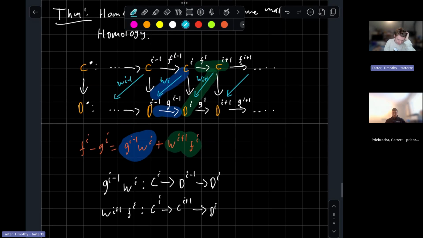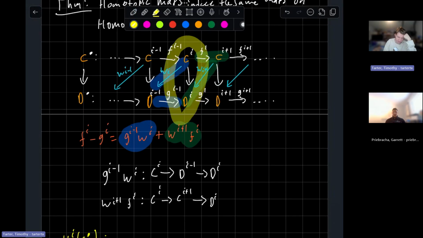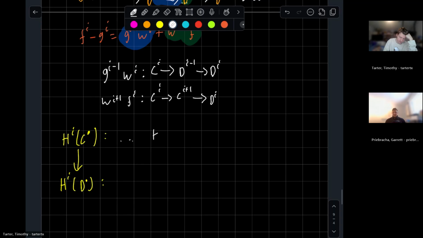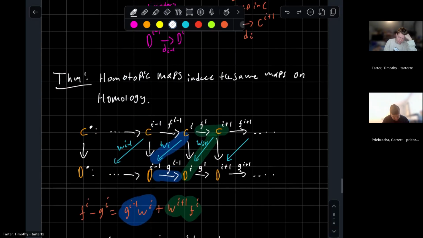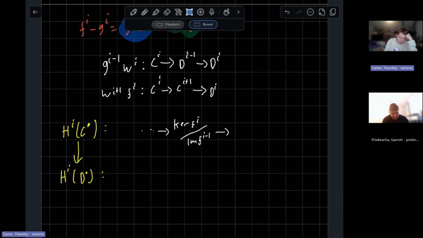So now we want to say that they induce the same map on homology. So we know we have a covariant functor into the subcategory. So we want to say that in terms of homology, Hi of C dot into Hi of D dot is defined by, and this is where it's all going to get bad. I'm just going to do it for this middle thing here. Ker Fi mod im Fi minus 1. And we really need this to go through something like this. And then ker Fi plus 1 mod im Fi.